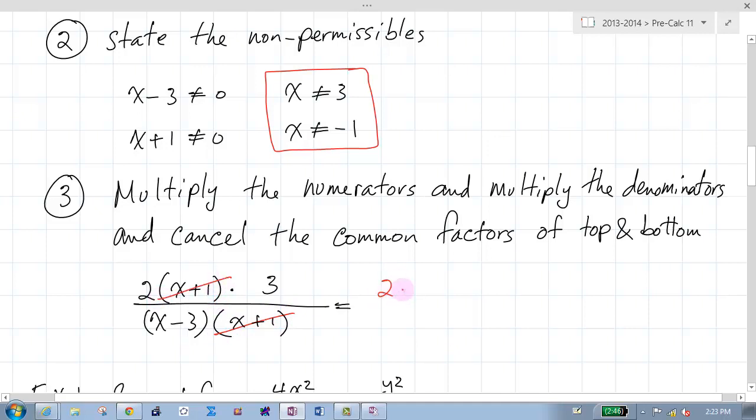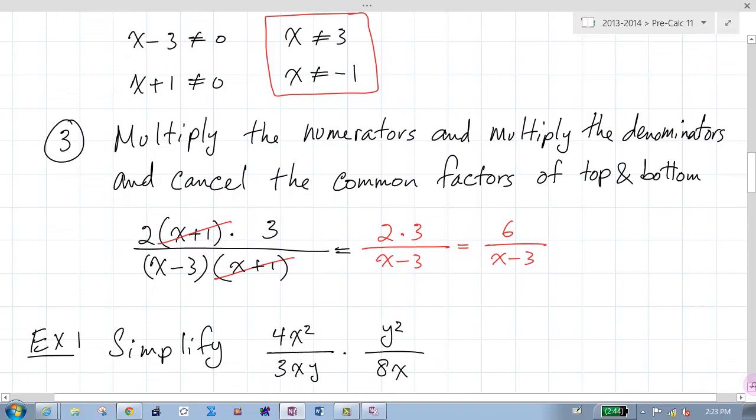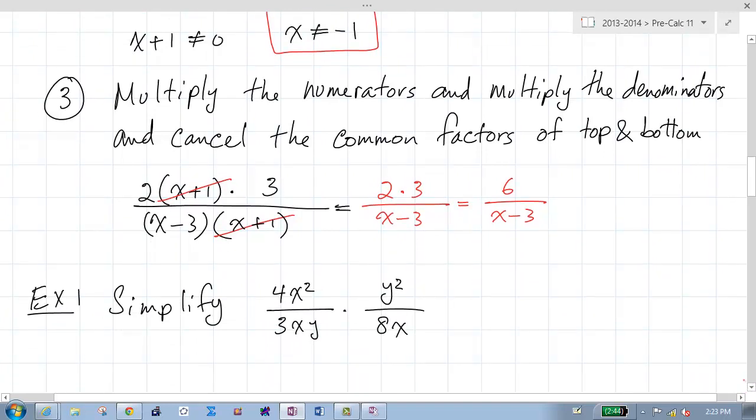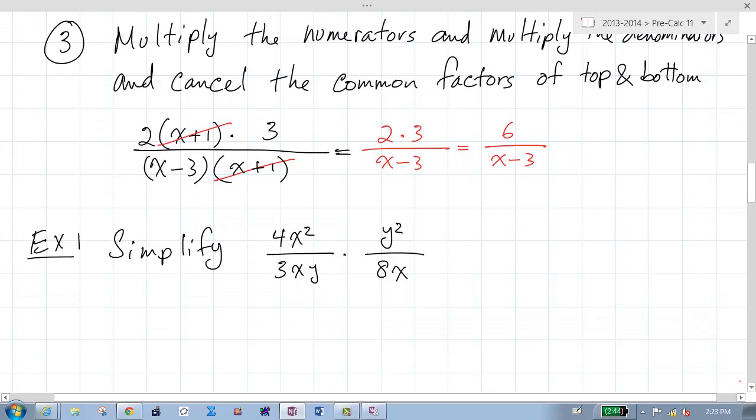Then it becomes 2 times 3 over x minus 3, which is equal to 6 over x minus 3. So that's the most simplified form, with the non-permissibles stated. Now we're going to use the same rules and do some more examples.